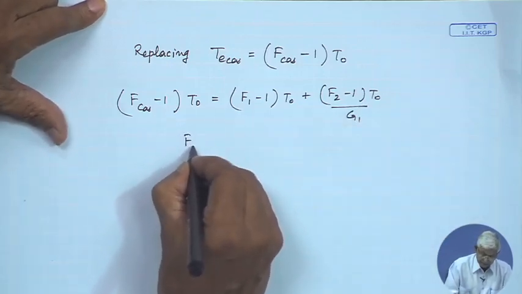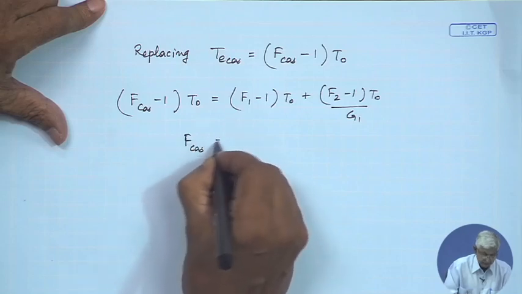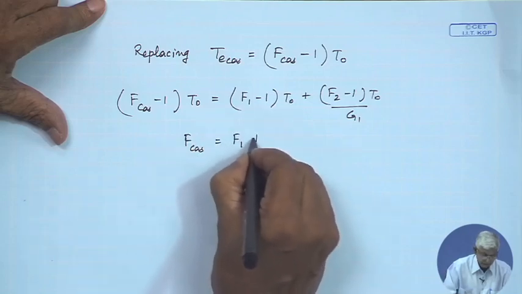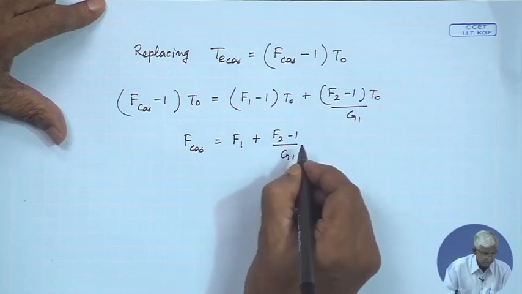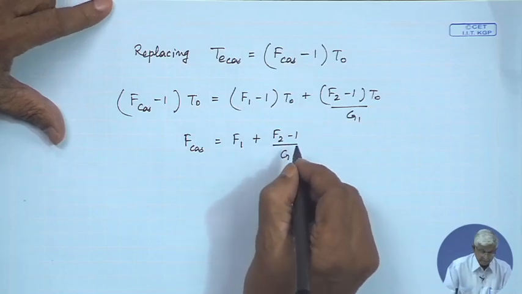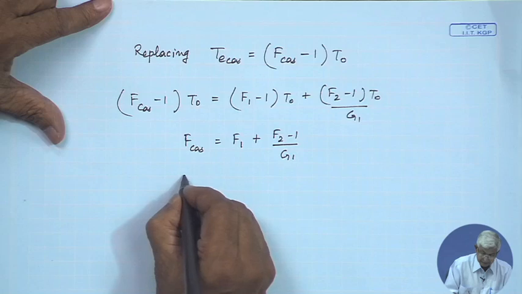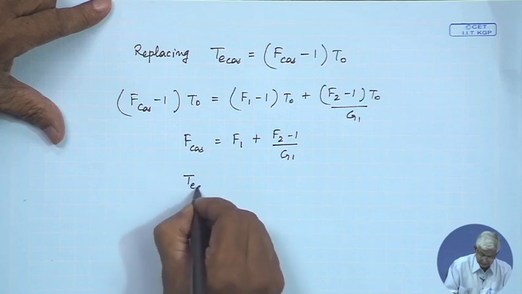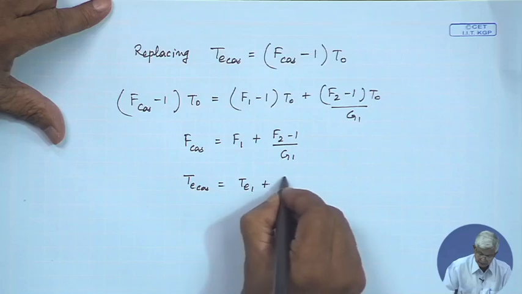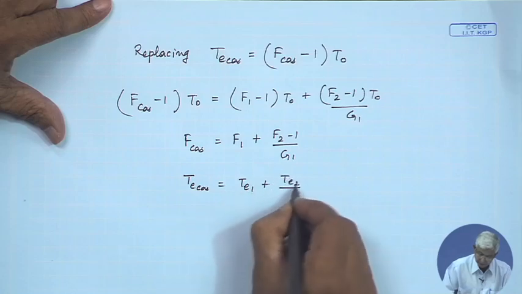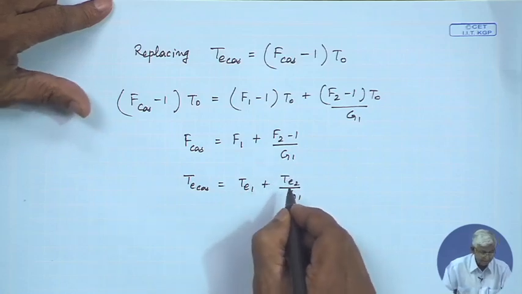So, that gives F cascaded as F1 plus F2 minus 1 by G1. And we have earlier seen that TE cascaded is TE1 plus TE2 by G1.